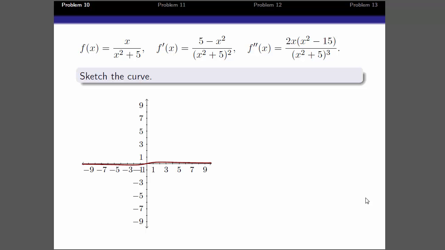Finally, how do we sketch the curve? Well, we put all of that together. We know where it's concave down, we know where it's increasing or decreasing. In this case, the y values actually don't ever get very large. If you want to plot this on Desmos, just throw a 10 up in the numerator and you'll get a better sense for where the curves are.